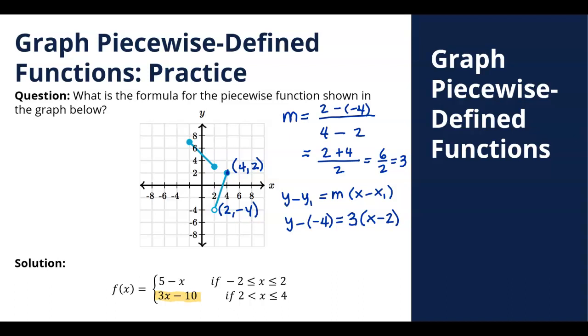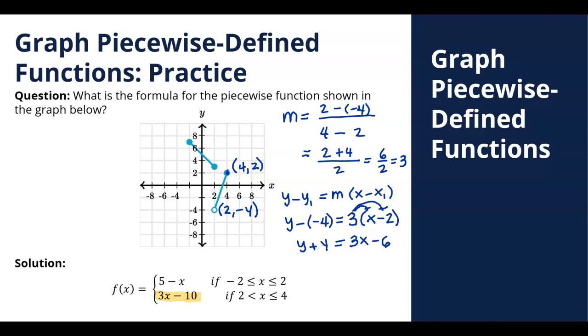And then simplify. So you have y plus 4 is equal to 3x, distribute x inside this given parenthesis here. And then so you have 3x minus 6.